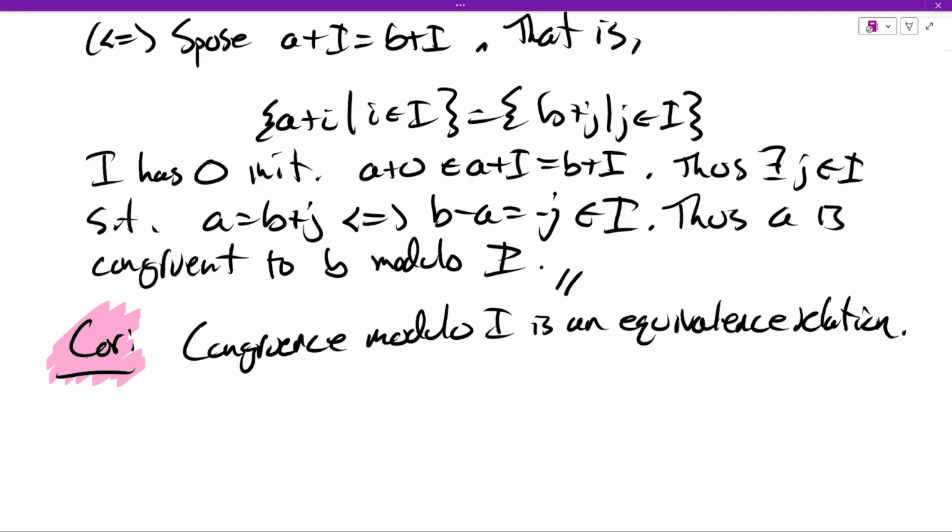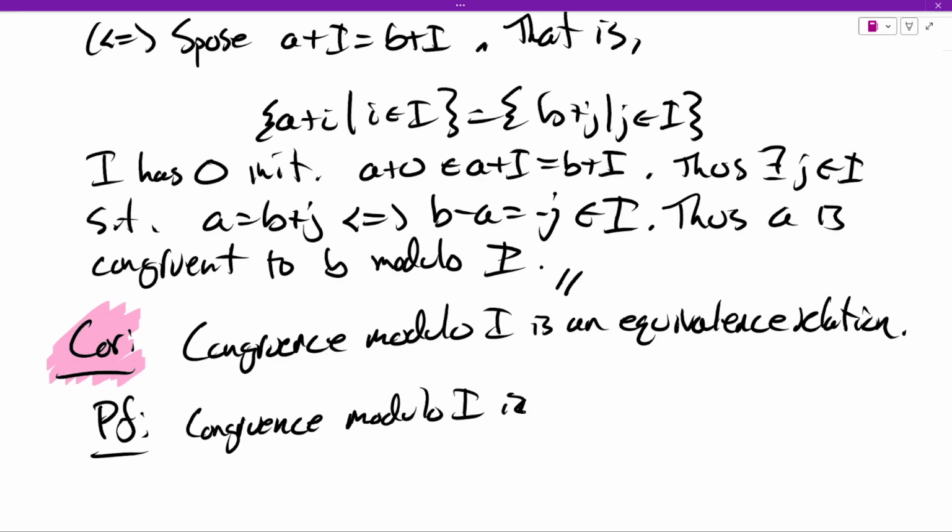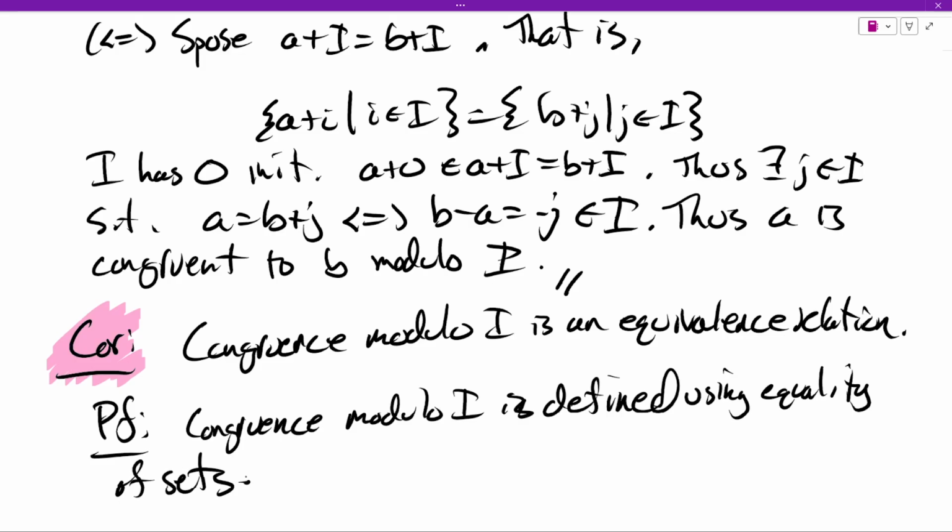So what this tells us then, well, sorry, how does the proof go? Sorry, I distracted myself there for a second. Well, congruence modulo I is defined using equality of sets. And so how do you check it's an equivalence relation?